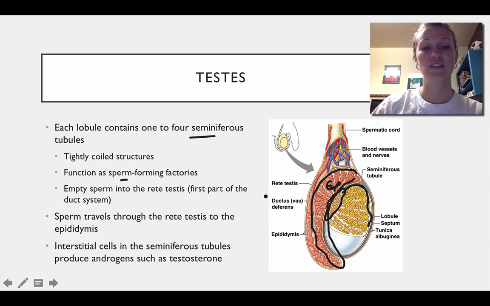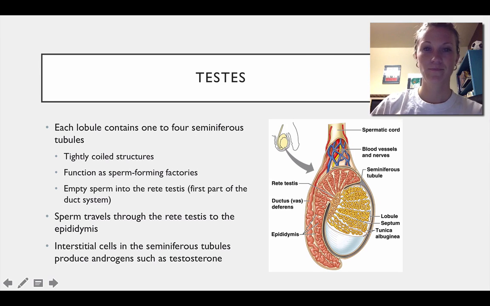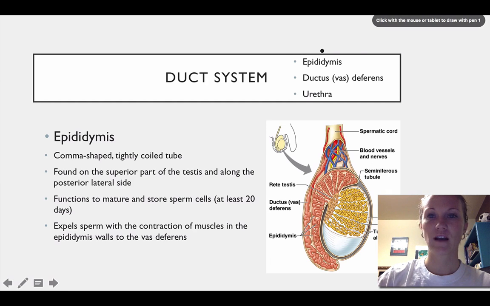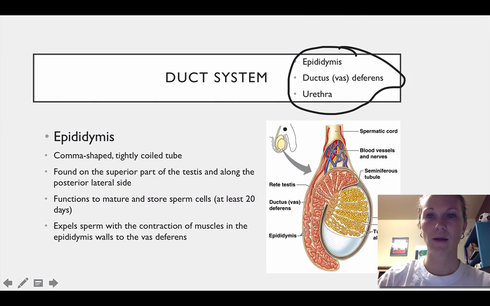Then you have interstitial cells in the seminiferous tubule, which produce androgens and also testosterone. So then the duct system, again, I put them up here just so we can keep track of them. The epididymis is a comma-shaped structure, and that's this one right here.